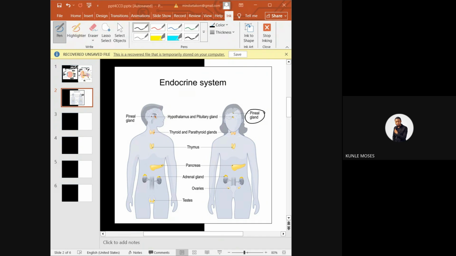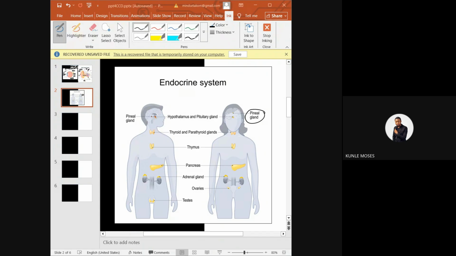Okay, the ovaries and the testes, they are the reproductive glands. For the male, it is the testes. We said they help to produce testosterone, isn't it? And they are responsible for male characteristics, sperm production, and all.